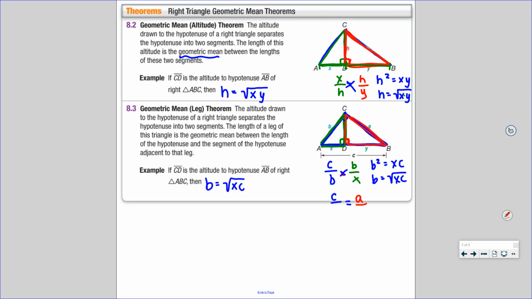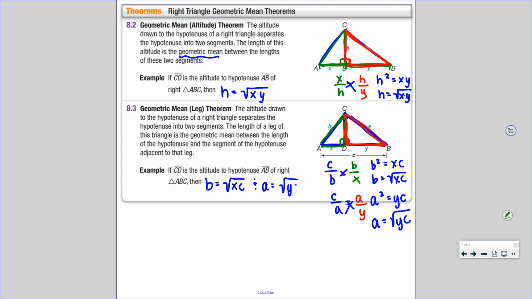A. A in my blue triangle, which is the longer leg, corresponds to Y in my red triangle. Cross multiply, get A squared equals Y times C. A is the geometric mean of this little segment and the hypotenuse of the whole triangle.